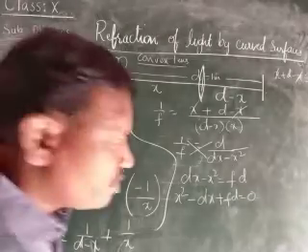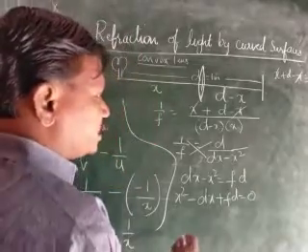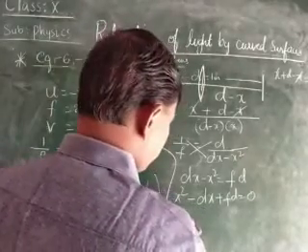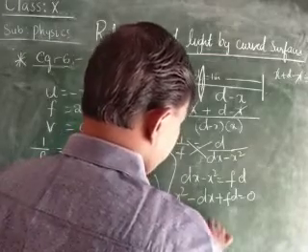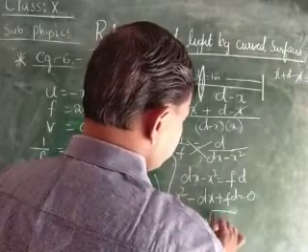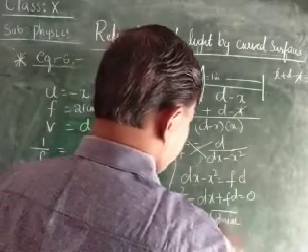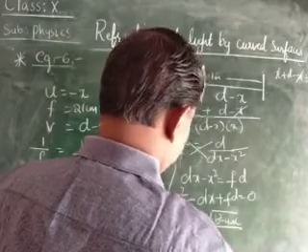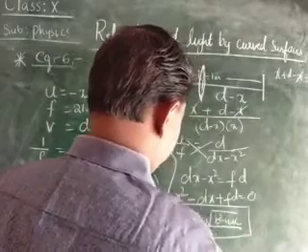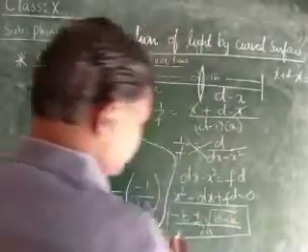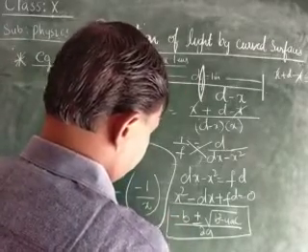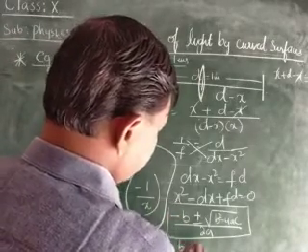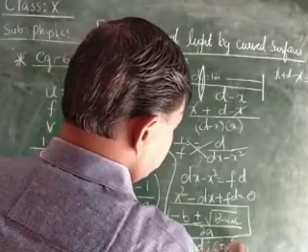If we know the quadratic equation, we are able to find the roots of the equation. What are the roots? The roots are minus b plus or minus square root of b square minus 4ac by 2a, children. Therefore here what is a? a is equal to 1, b is equal to minus d, c is equal to fd.